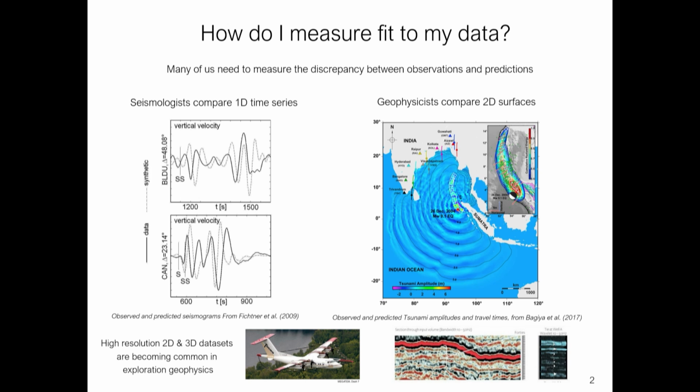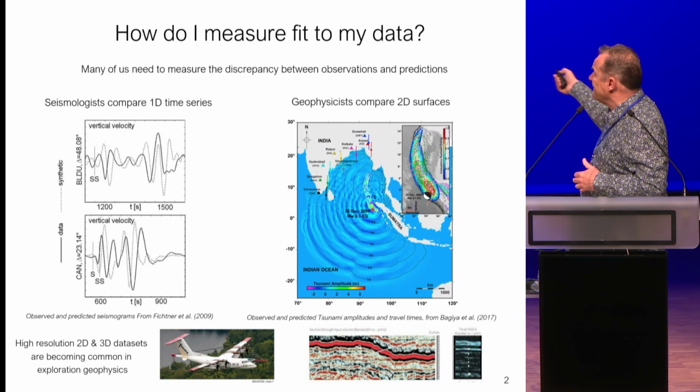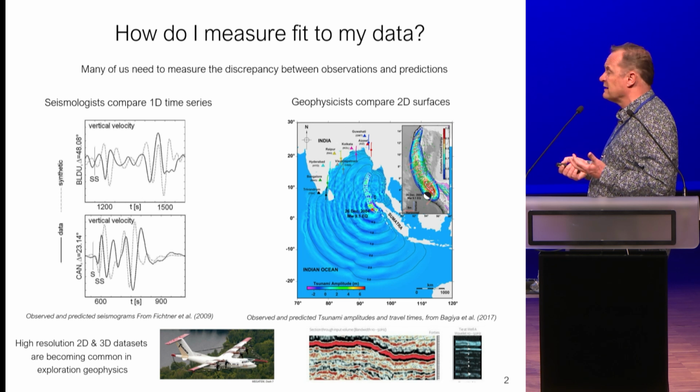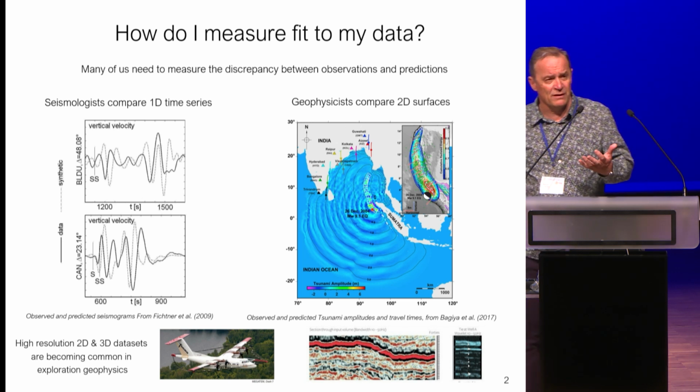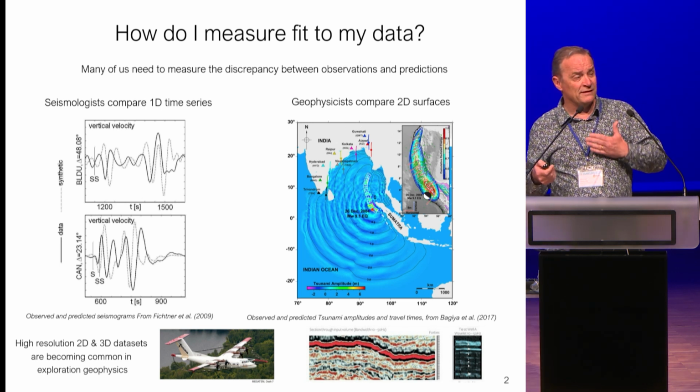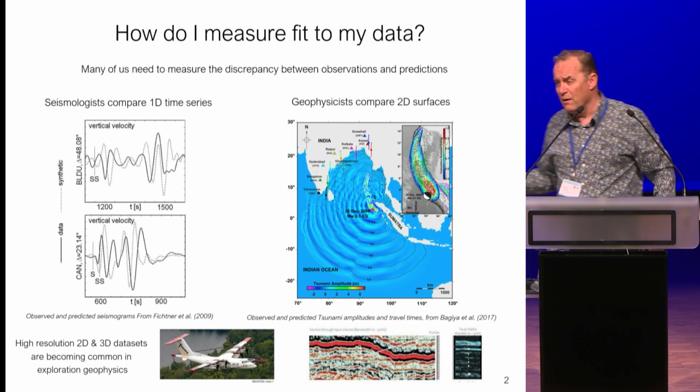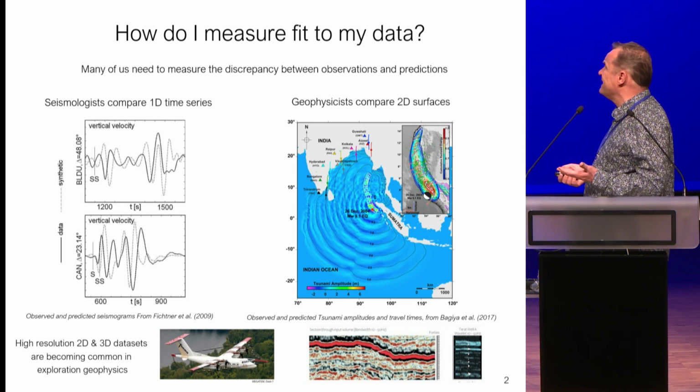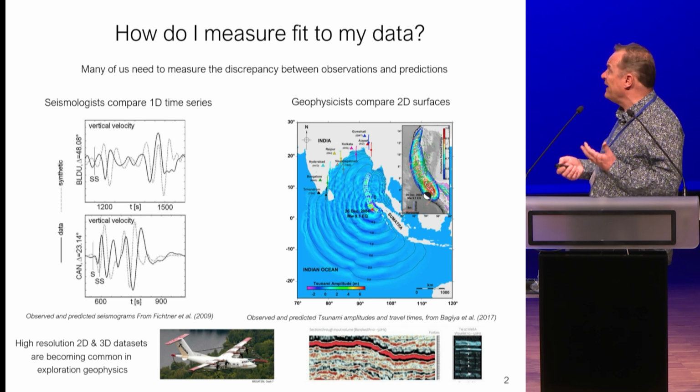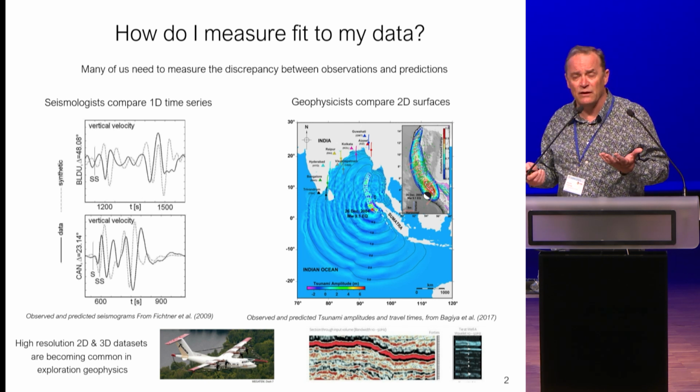But there are many, many examples, of course, and we've seen some in the conference today. On the right-hand side, tsunami data sets are large and complex, but to drive any fitting process, or even for other purposes, we need to know how far away we are, what the quality of fit to our data is. And that's the topic that got me interested in optimal transport.